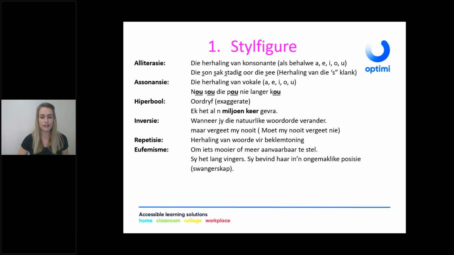Instead of saying that someone is a thief or they steal, you would say that hulle het lang vingers, they have long fingers. Instead of saying that someone is pregnant, saying it straightforward like that, and you want to do it a bit more subtle, you would say that she finds herself in quite an uncomfortable situation or position.